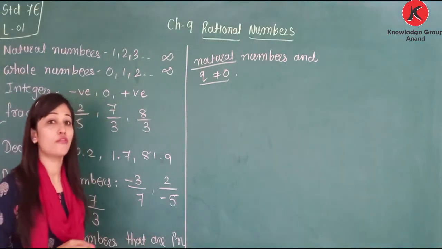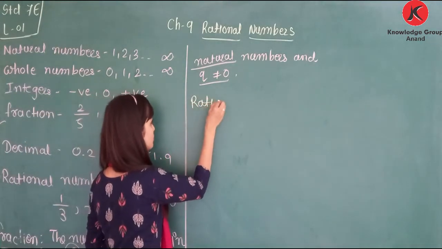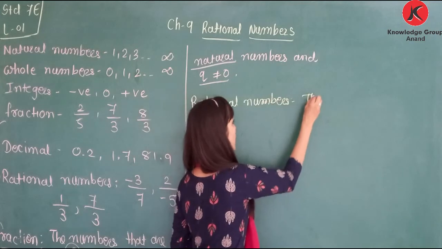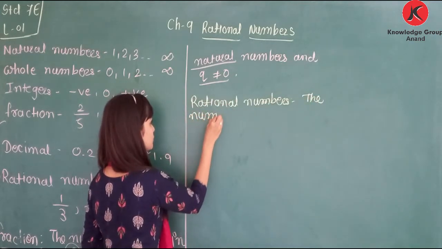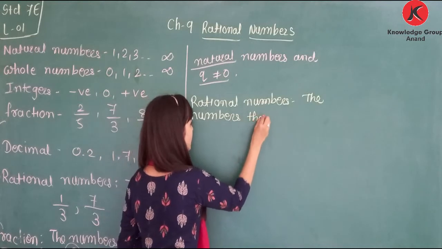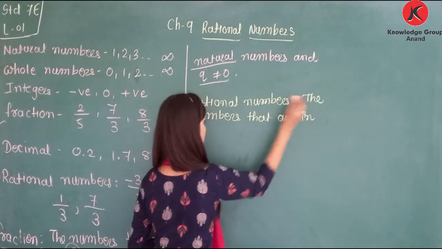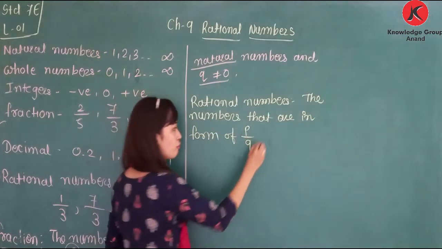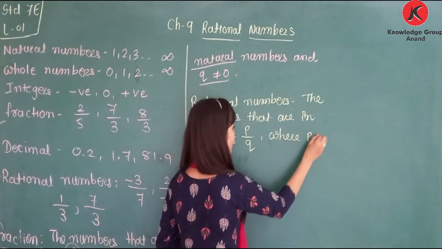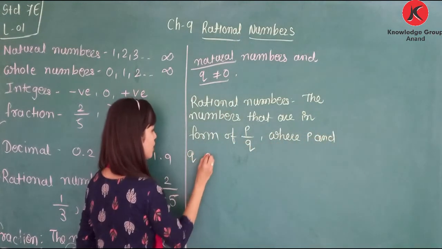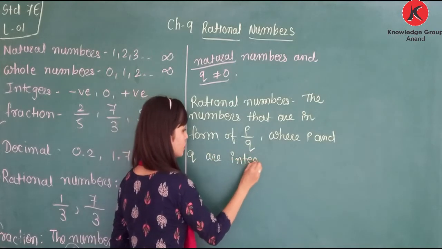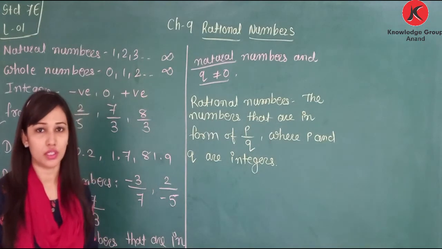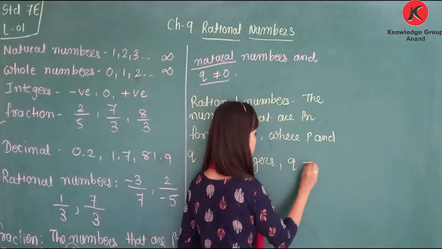If we write the definition of rational number, it is the same as a fraction. So the numbers that are in the form of P by Q, where P and Q are integers, means numerator and denominator can be a negative integer, and Q is not equal to 0.